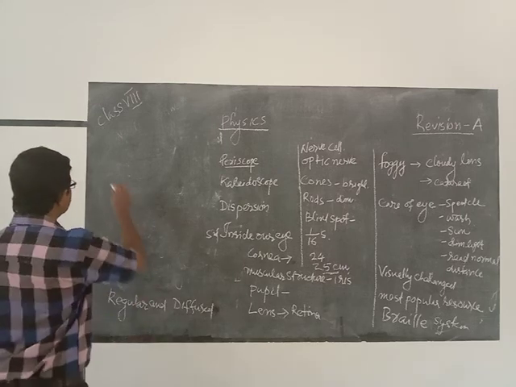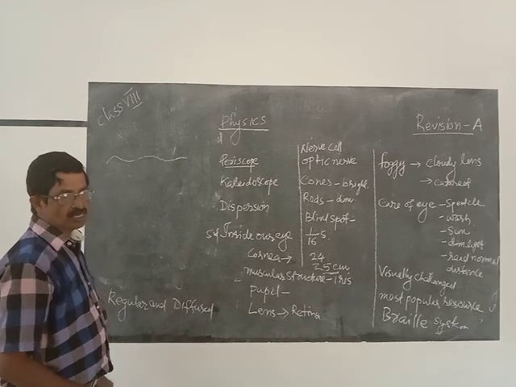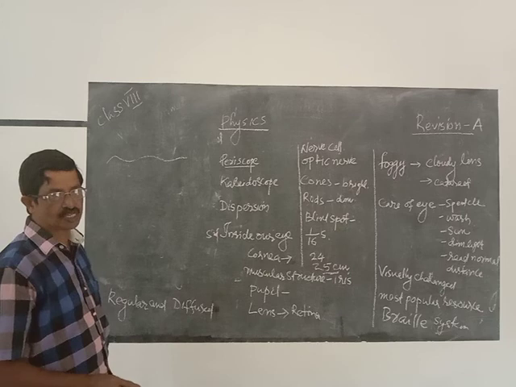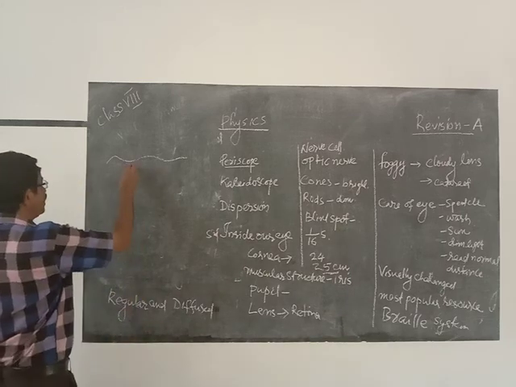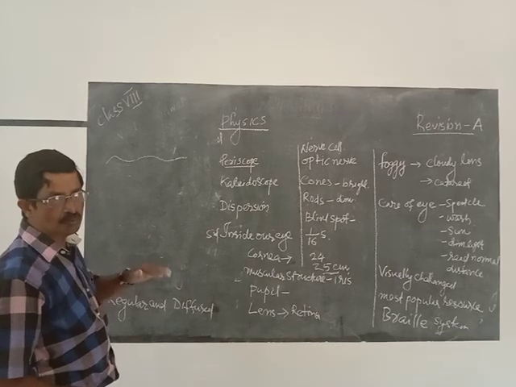See here, this is a rough surface. Suppose the surface of our bench. Now see here, this surface is not even, that means not polished.